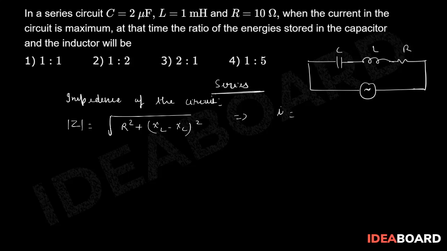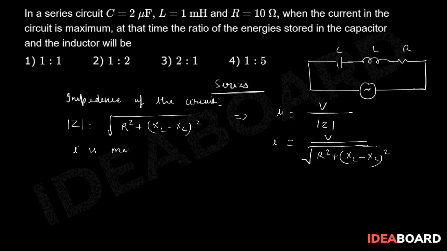So first of all, write the value of current. I will be equal to V upon mod Z only, right? So now I will be equal to V upon under root of R square plus (XL minus XC) square. Now they are saying that I is maximum.